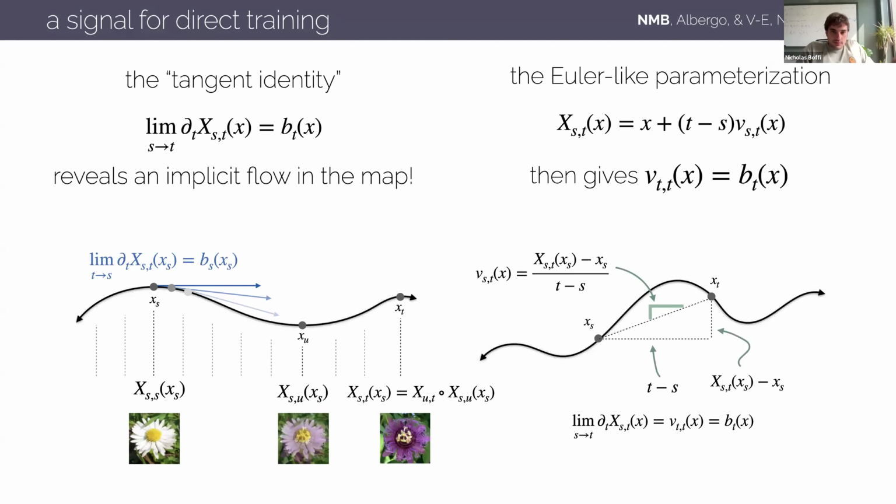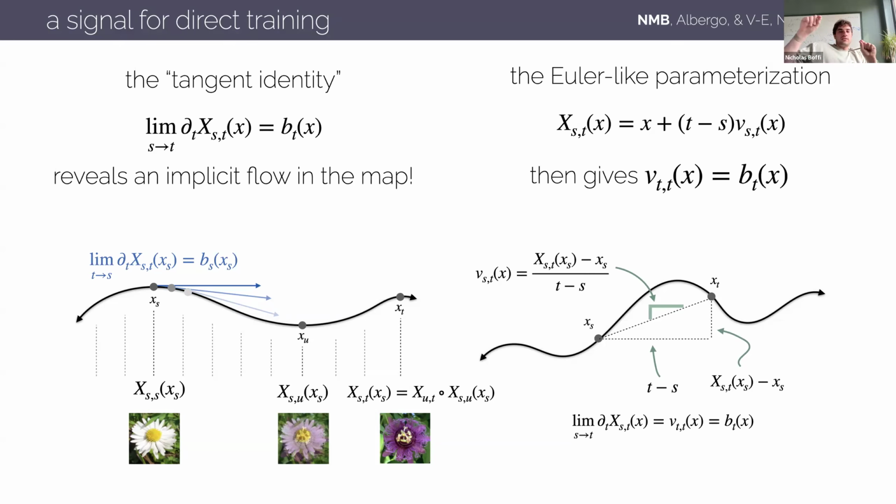So here's how you should view this geometrically. On the left, I'm showing the tangent condition. I can draw tangents to the probability flow trajectories, and when I do so, the slope of those lines is just equal to the flow. On the right side, I'm showing you a depiction of what this two-time velocity field actually is. If I rearrange the definition of the flow map, I find that v_st is precisely the slope of the secant line between any two points on the trajectory.